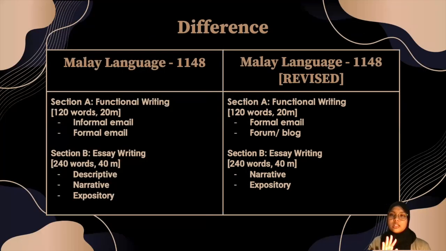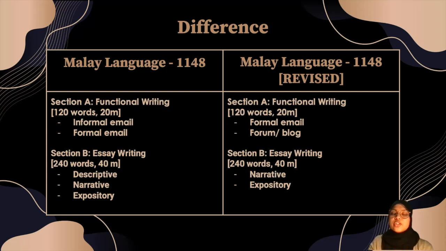So if I were to put it side by side to see a clear difference between these two syllabuses, as you can see for the old syllabus, for section A or functional writing, there's either informal email or formal email. However, for the new syllabus, there is no longer an informal email section.